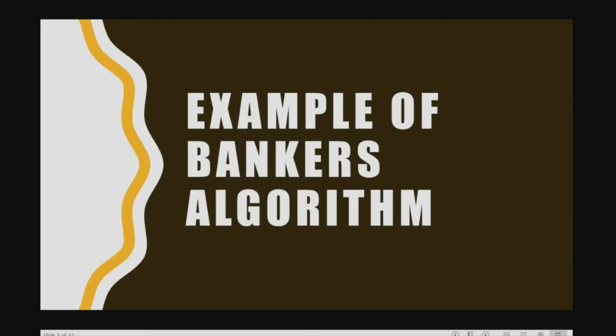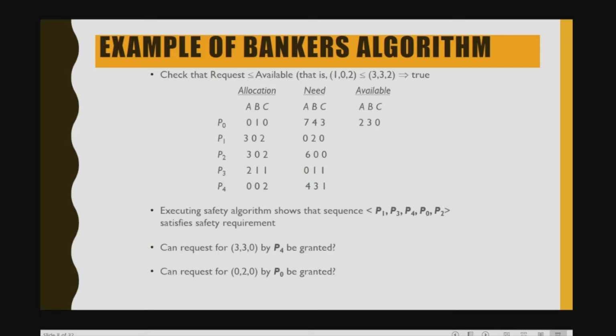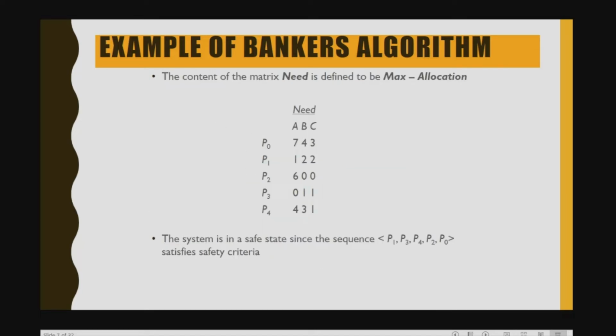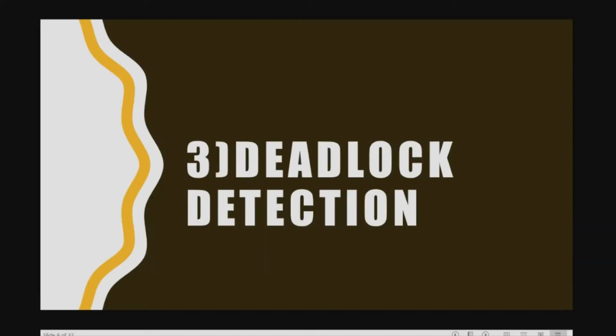In the previous video, we already looked at the example of the banker's algorithm. In this part you should know how to calculate the needs based on the maximum minus the allocation. So we continue on another method, which is deadlock detection.